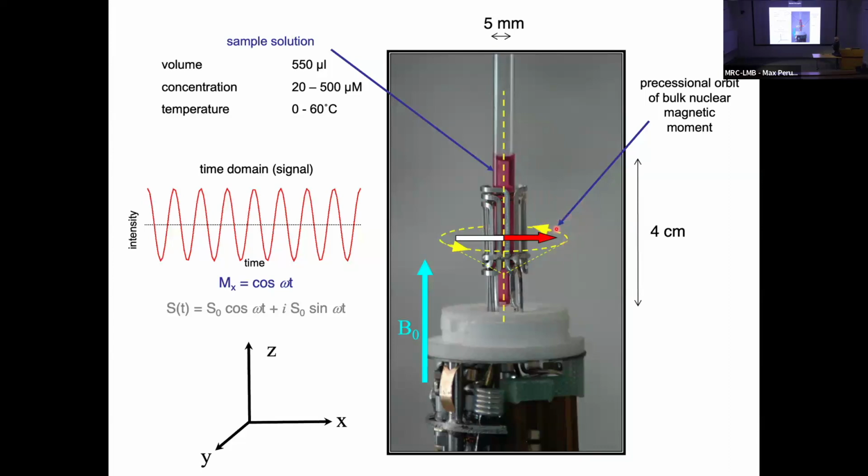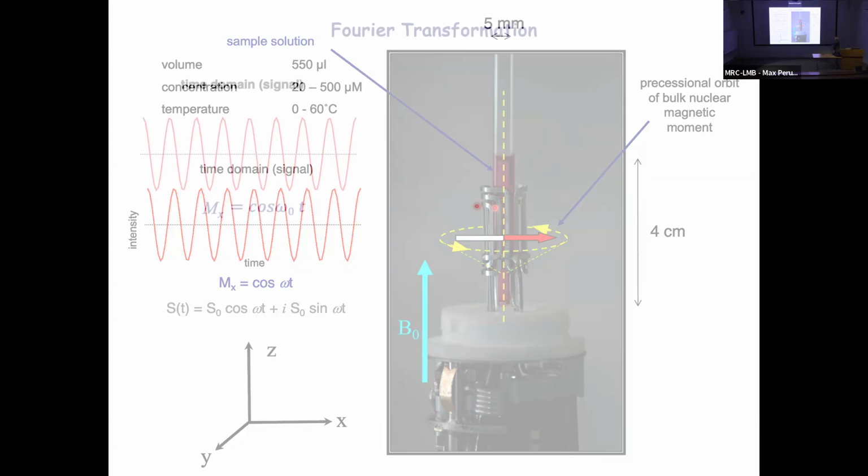And this is the basis of the signal that we record in the NMR spectrometer. So if we look at the precession of the X component, for example, what we would see is a cosine wave that is oscillating with a single constant frequency for a single spin.